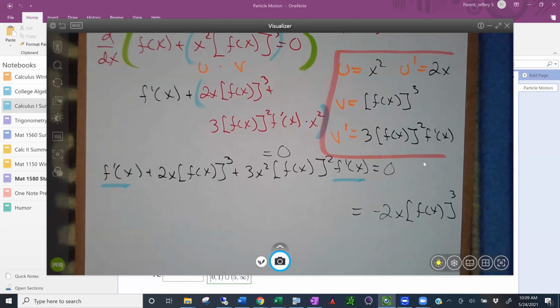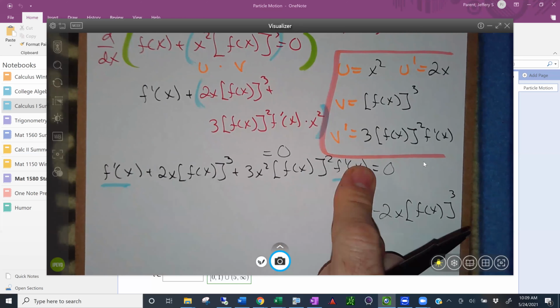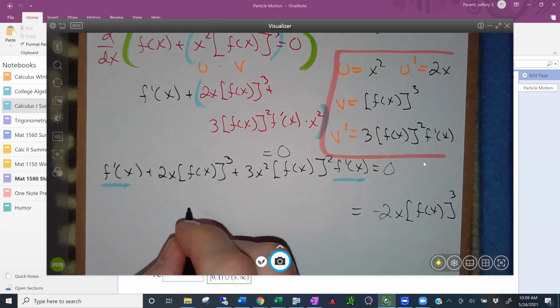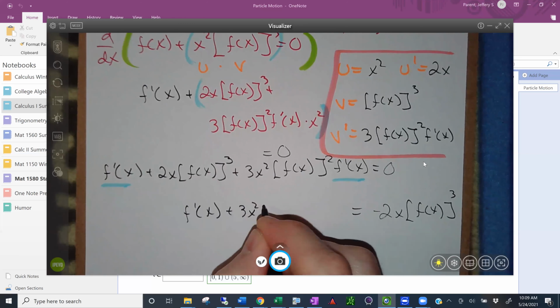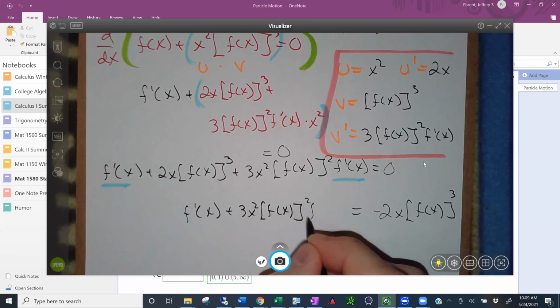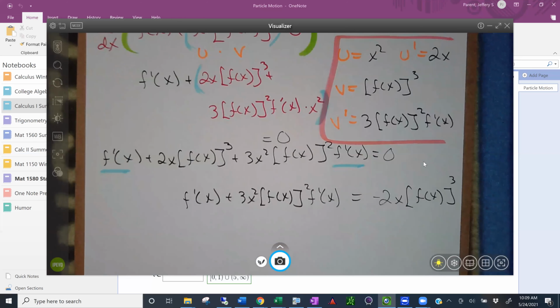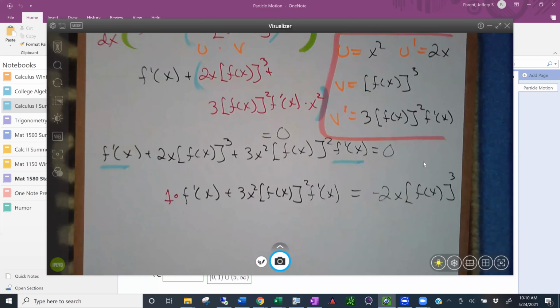On the left-hand side, and I guess I'll just slow this down a little bit. I've got f prime of x here and f prime of x here. So it's going to be f prime of x plus 3x squared f of x squared times f prime of x. And to help things out a little bit, even though it's not really written there, let me write in a 1 here.